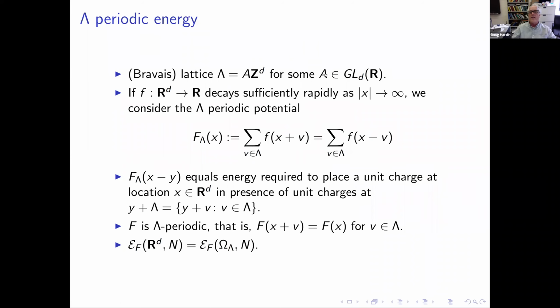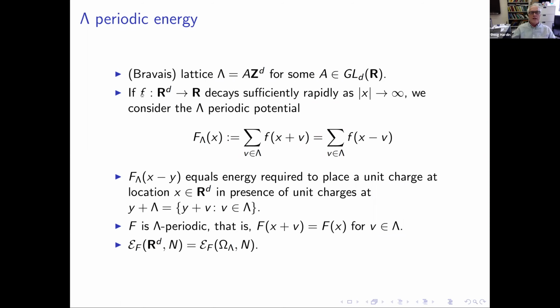Another way to say that is I take an invertible D by D matrix A, whose columns will form our basis, and then you apply that to Z^D, and this will give you all integer linear combinations of the columns of A.